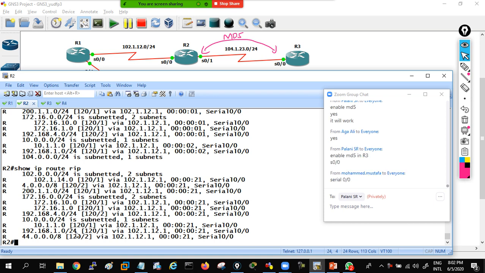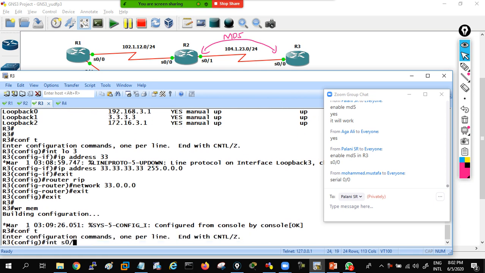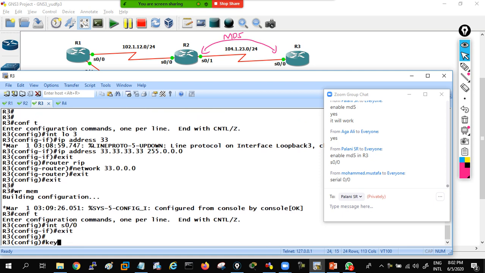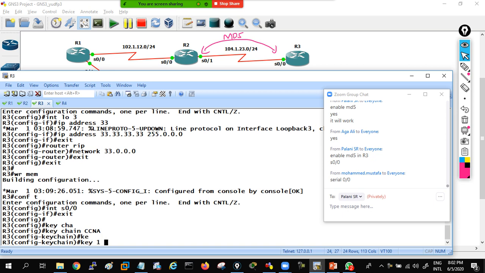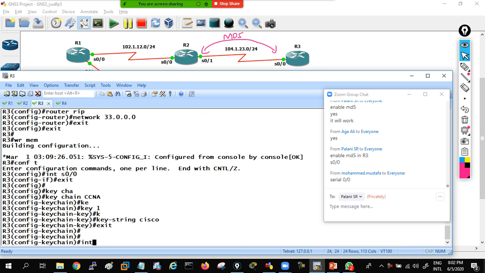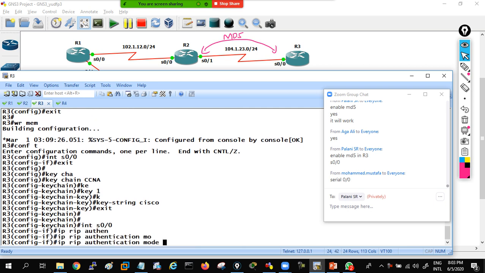Let's go and do that. conf t, interface serial 0/0. Oh sorry, first I need to create a key chain, right? Key chain CCNA, key 1, key string Cisco. Now interface serial 0/0, ip rip authentication mode md5.